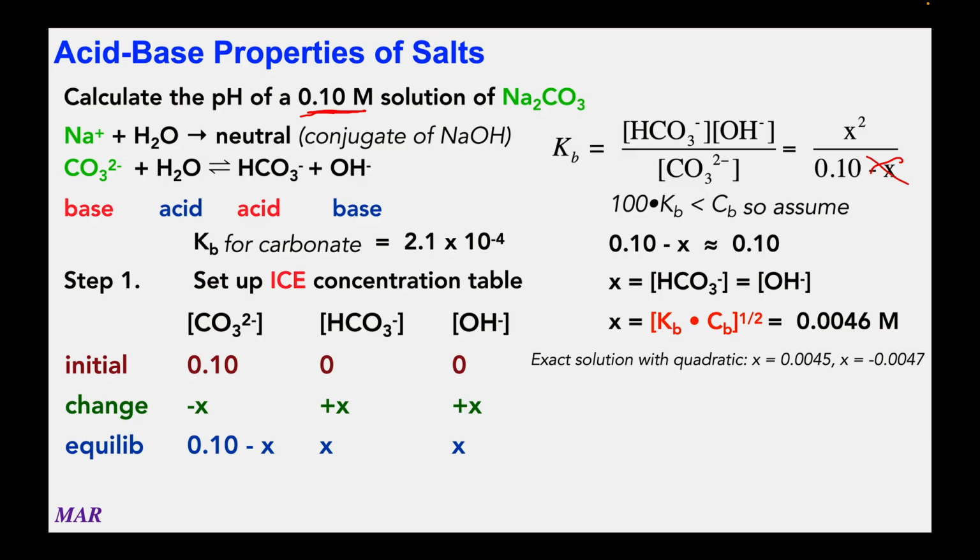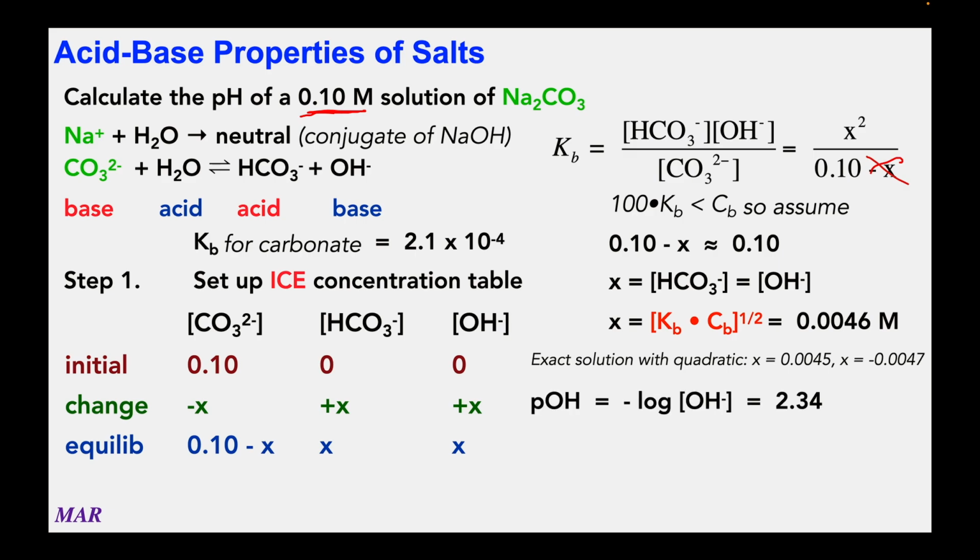However, 100 times K is less than C, so I would use the approximation as well, and I would call the difference between 0.0046 and 0.0045 just a scientific issue. It's the doubtful digit. That last digit is the most uncertain number when you make a measurement. So this isn't a big deal to me. That's why 100 times K less than C absolutely works here. But remember in the back of your mind that quadratics are a better way to go.